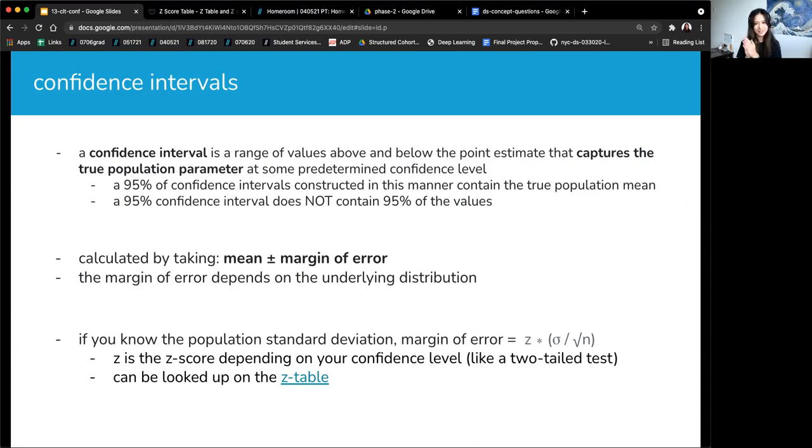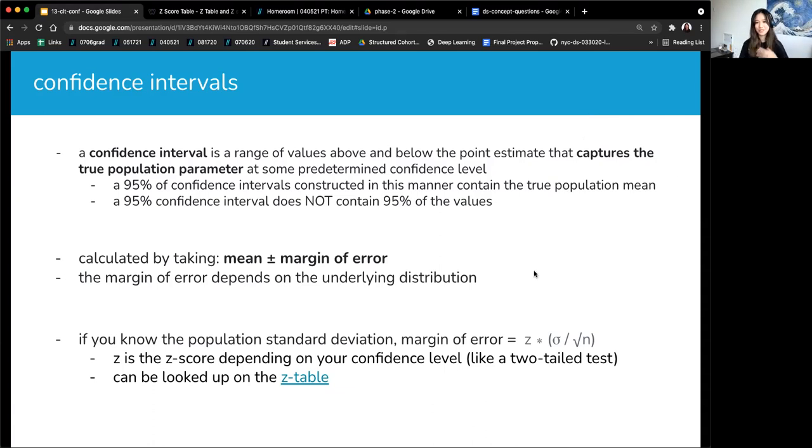An incorrect definition of confidence intervals is that a 95% confidence interval contains 95% of the values. That is incorrect. I think that's what a lot of people think, and I actually mistakenly thought this for a few years, which is not true.